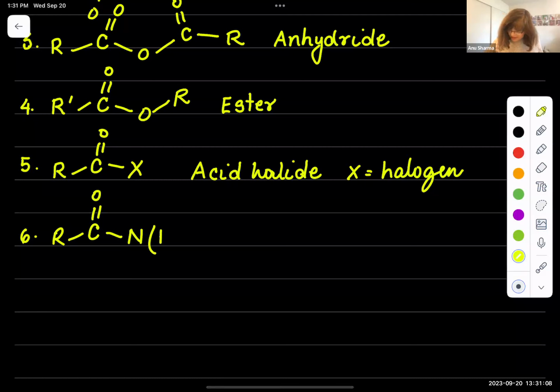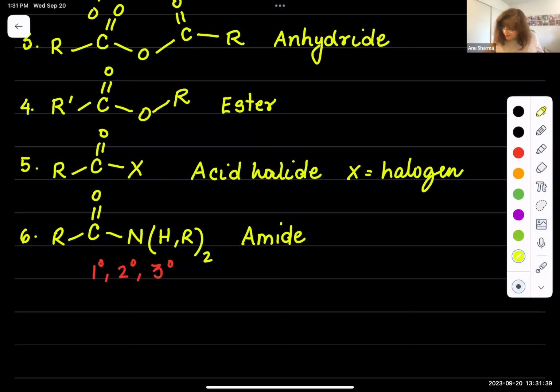Here it could be one hydrogen and one alkyl group, or R group, or two R groups. That would still be the name. The functional group is amide. There are primary, secondary, and tertiary amides. So let me put this here: primary amide, secondary amide, and tertiary amide.